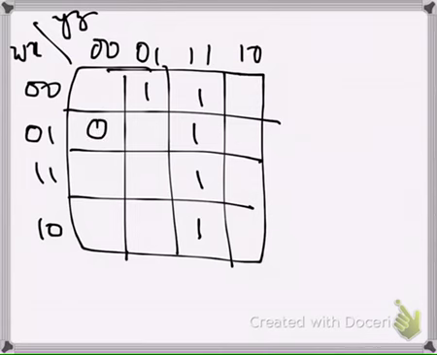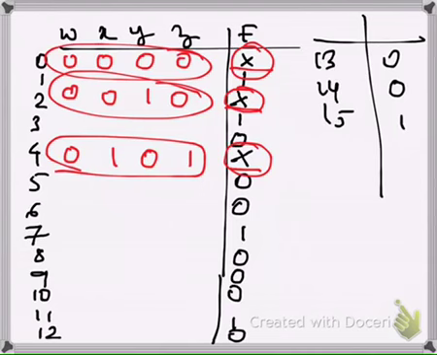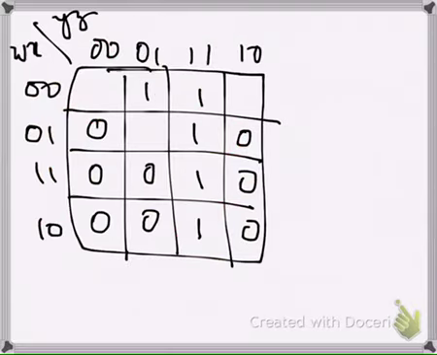I have 0 here, 0 here, 0, 0, 0. Here also I have 0, 0, 0. But for the terms 0, 2 and 5, I have don't care. So I'll put a cross out here.